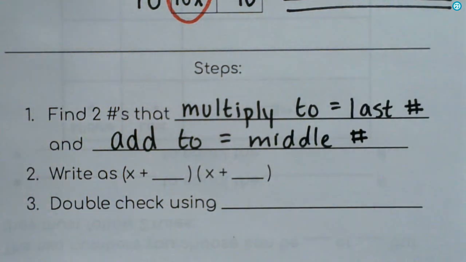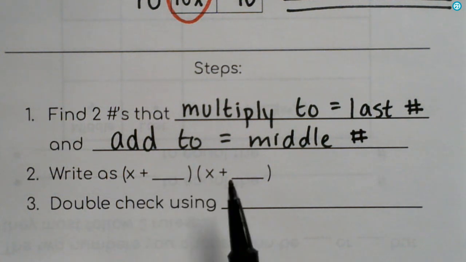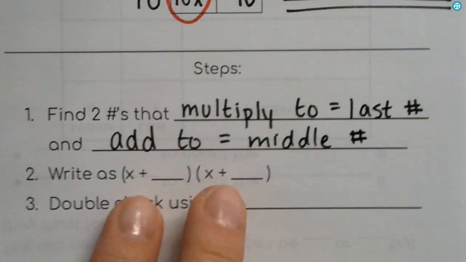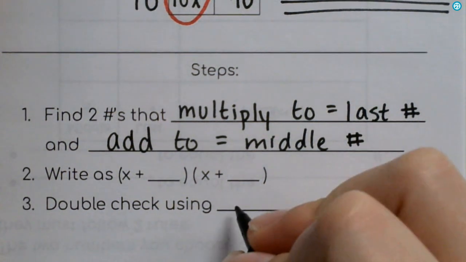So they have to multiply to equal the last number. They have to add to equal the middle number. Once we figure out those numbers, we can write them down as x plus whatever the first one is, x plus whatever the second one is. Those are also interchangeable. So like 5 and 7 is the same as 7 and 5. And then if we wanted to, we could double check these all using multiplication.